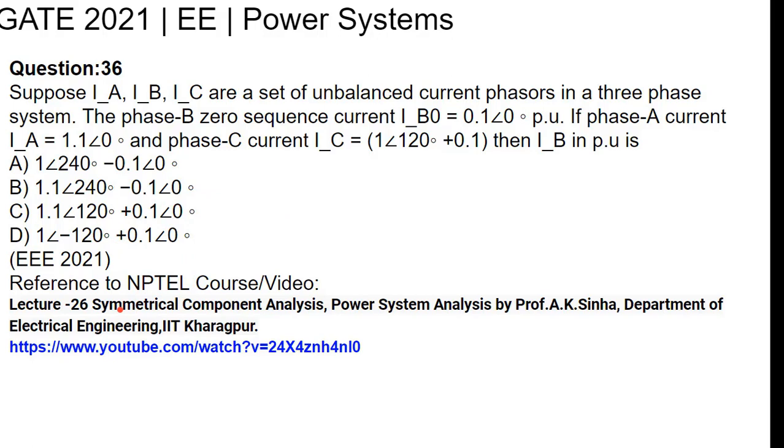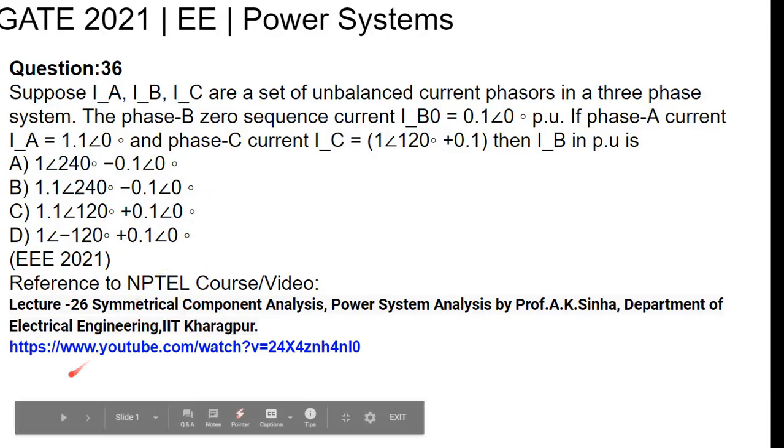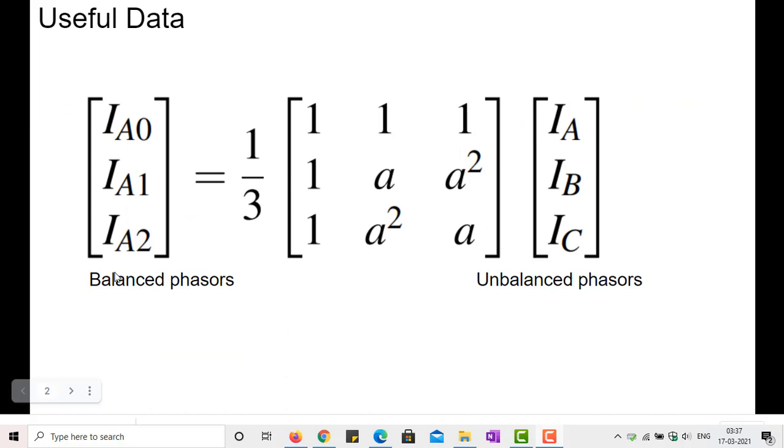To know the detailed modeling of the symmetrical component analysis, the audience can go through the given NPTEL video lecture. Let us have a quick recap on symmetrical components. To determine the relation between unbalanced phasors and balanced phasors, we can use symmetrical components.